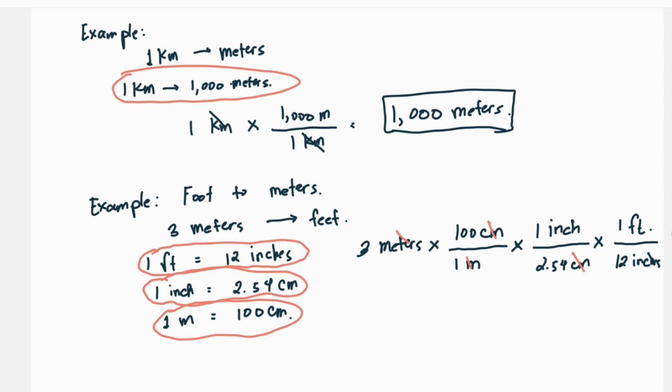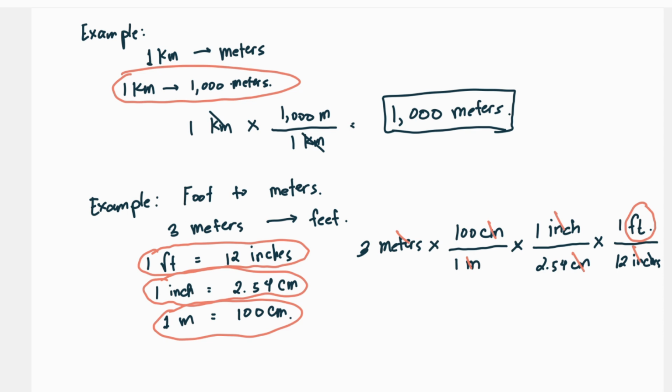So this will stage the cancellation of the inch unit, and what remains now is the foot unit. Okay, so in this way, we will now be able to identify how do we convert 3 meters to feet. So in this way, to convert 3 meters to feet, we would need to multiply 3 meters by 100, then divide it by 2.54, and then divide it again by 12 inches.